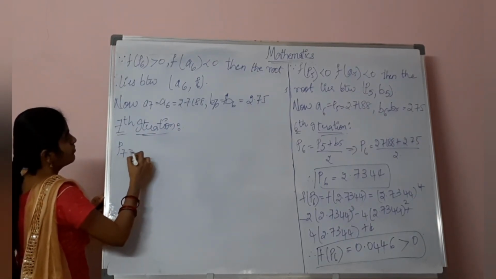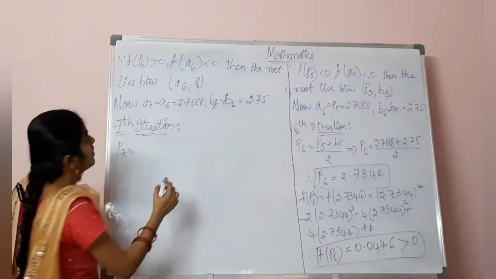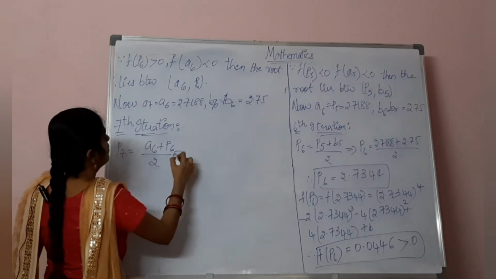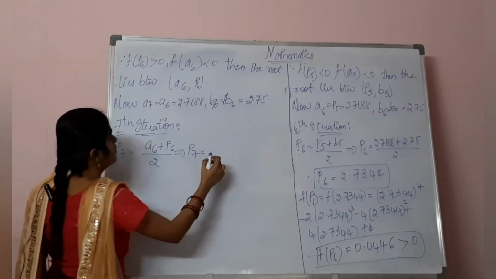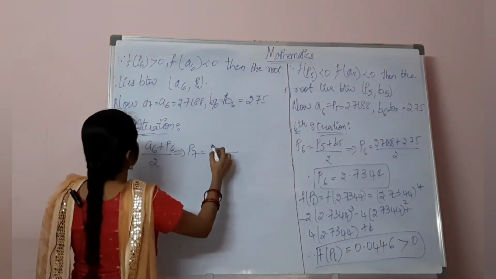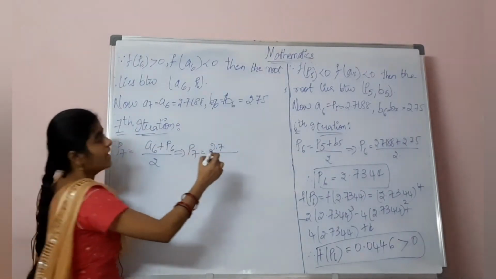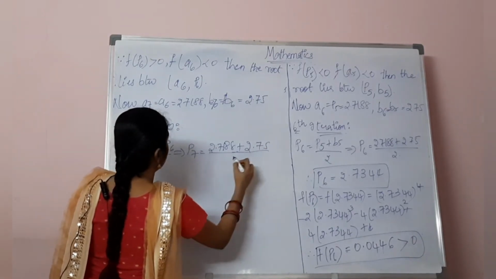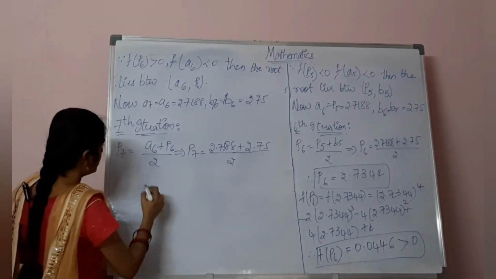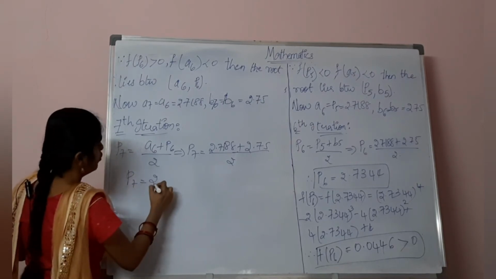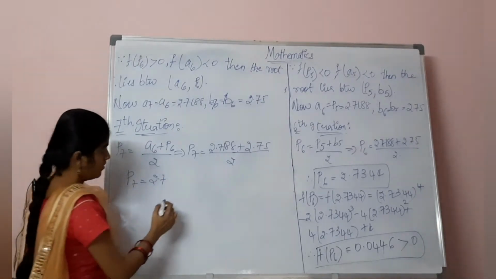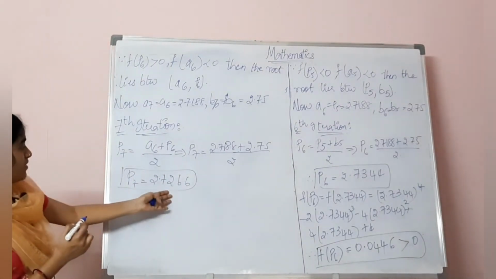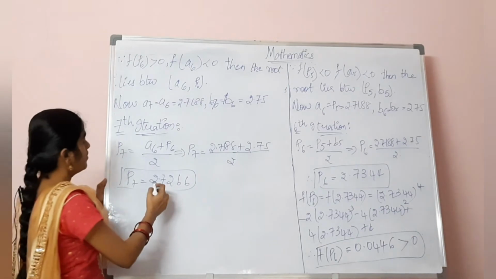Next, seventh iteration. P7 equals (A6 + P6) by 2, so P7 equals (2.7188 + 2.75) by 2. After calculating, we are getting P7 value as 2.7266.